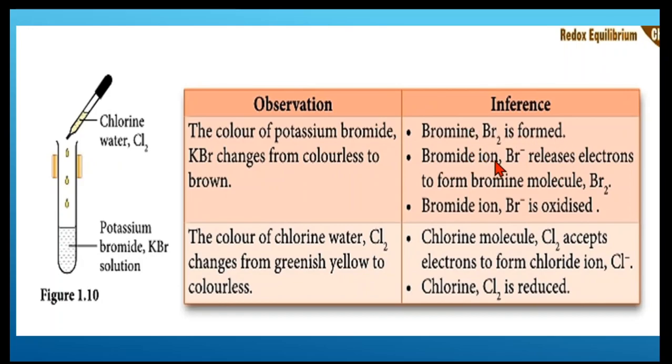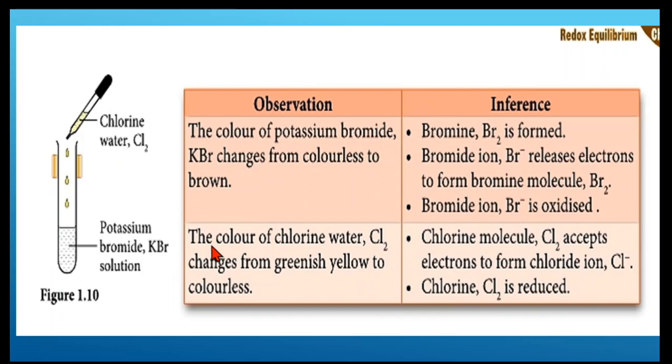Bromide ion here, bromide ion release electron to form bromine Br2. Bromine molecule Br2. Maksudnya, the bromide ion here, Br minus, is oxidized. Okay, oxidized sebab dia release electron.